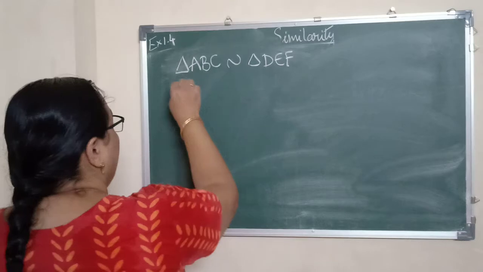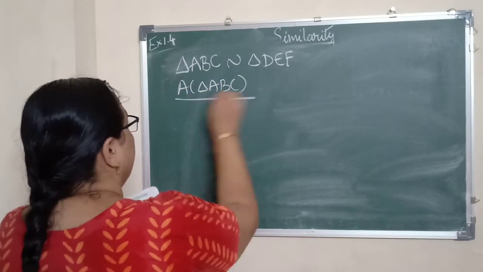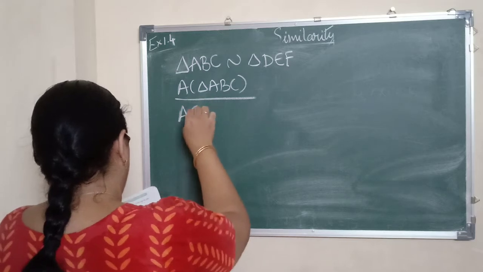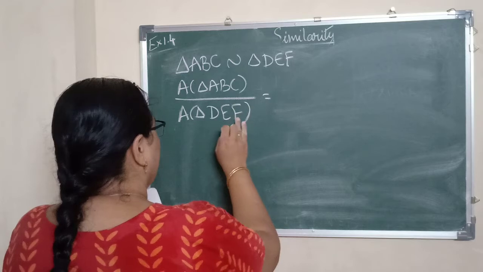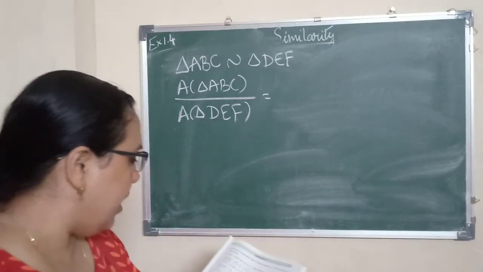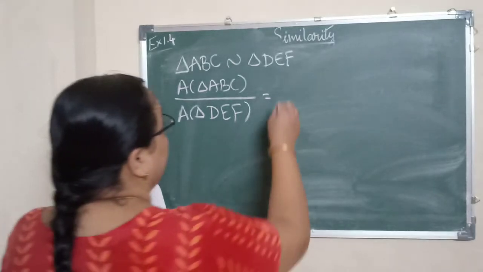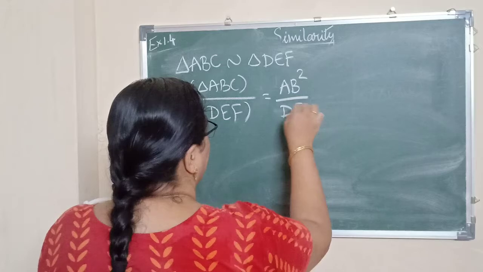And the ratio of the areas of the triangles is equal to the square of their corresponding sides. Which are the corresponding sides? AB square upon DE square.